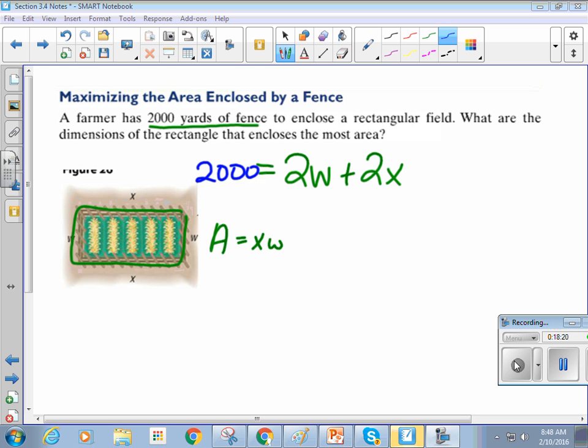So I'm going to go ahead and solve this for W. So I'm going to subtract 2x from all sides. And I'm going to divide everything by 2.